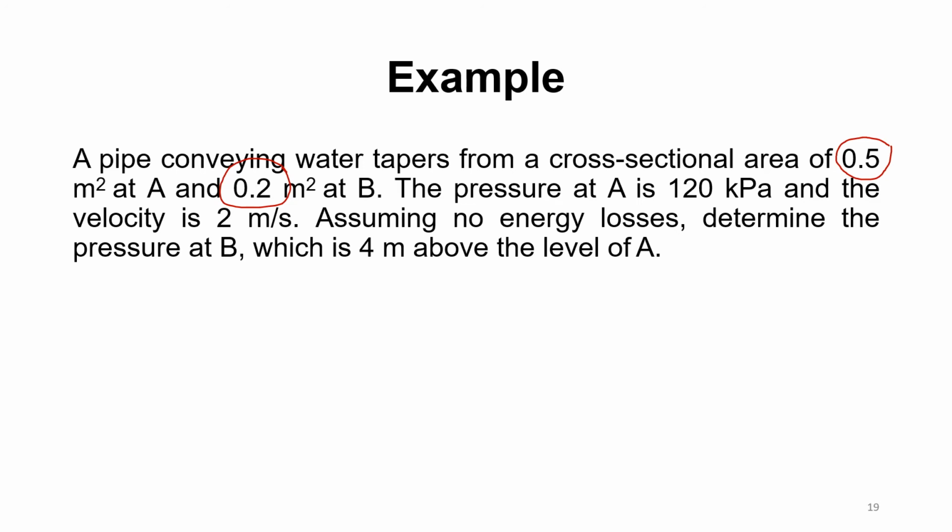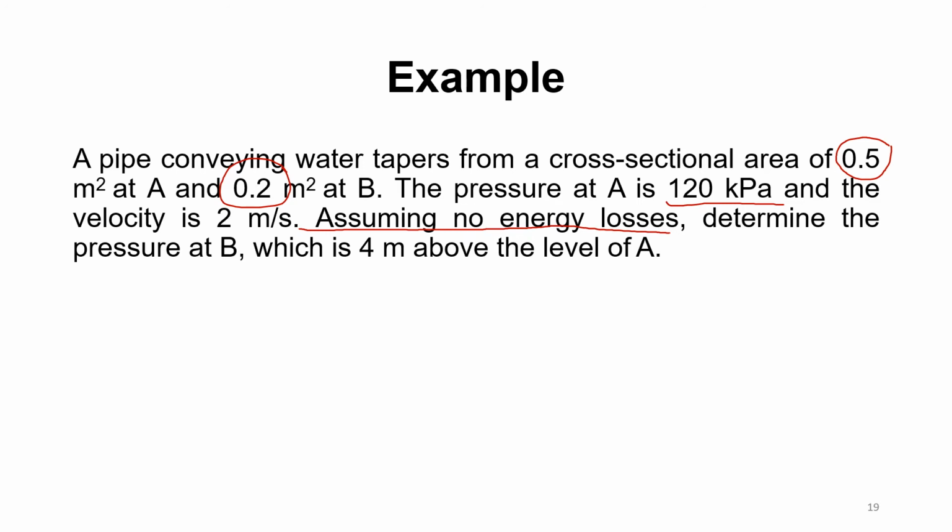The pressure at point A is given by 120 kilopascal with a velocity of 2 meter per second. So here you can see the words assuming there is no energy losses. So we don't have the HL and also HT for turbine, and we also don't have energy gain because this question does not mention the supply of a pump.